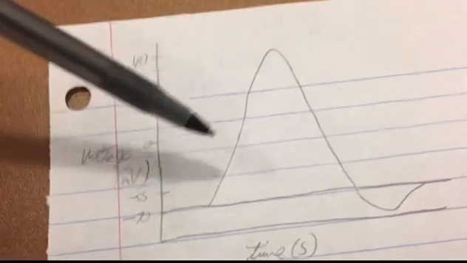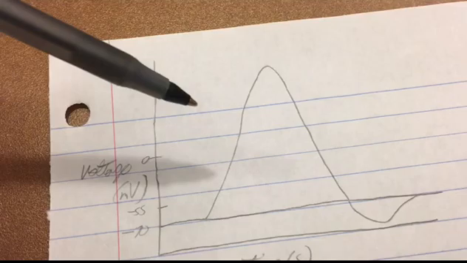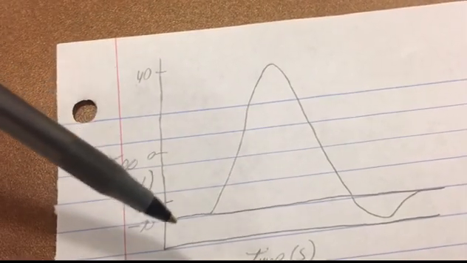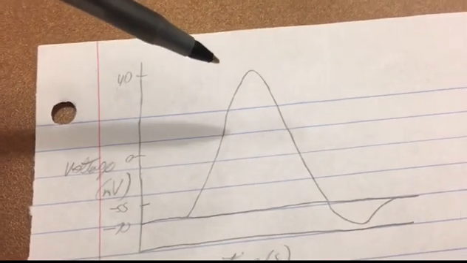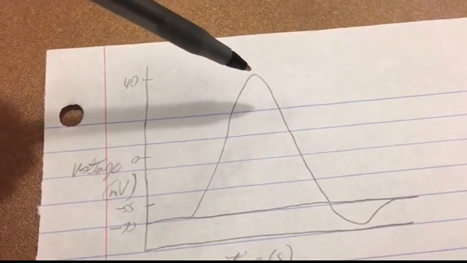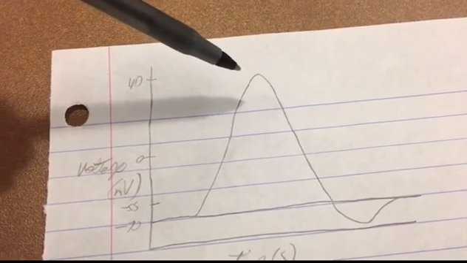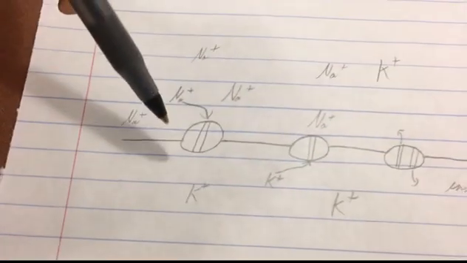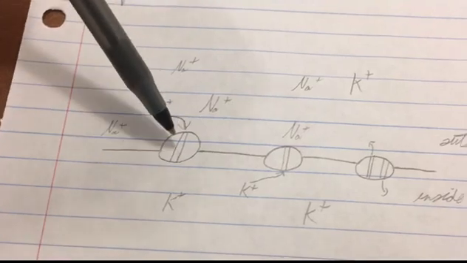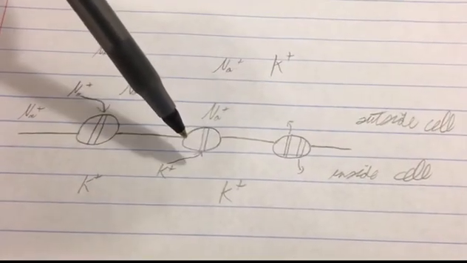And then once they reach a certain potential, they depolarize the cell membrane from a negative potential to a positive potential. Once a certain positive potential of around 40 millivolts is achieved, the sodium channels close and the potassium channels open.